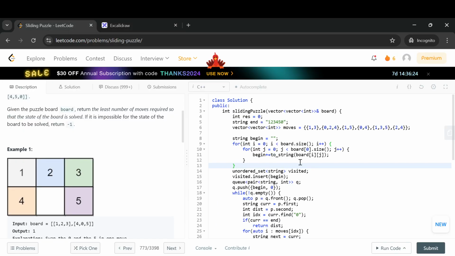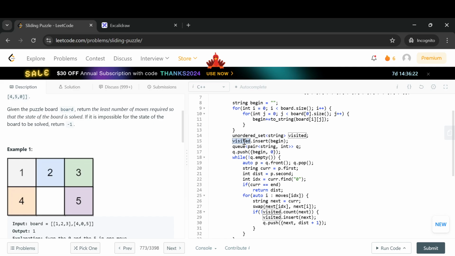And then they have created a visited array and inserted begin, and like in traditional BFS, after you mark the position as visited, you push it into the queue and then start exploring. Here, as we want to find the minimum cost, minimum distance, minimum number of moves in order to make the ideal 2 cross 3 matrix, we are starting with a distance of 0.